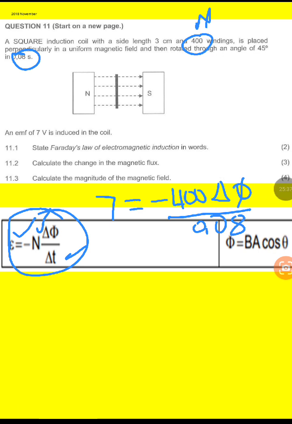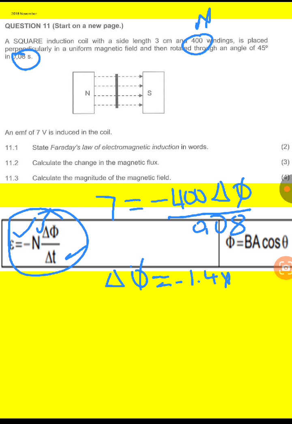So if you do your maths, you get negative 1.4 times 10 to the power negative 3 Webers.